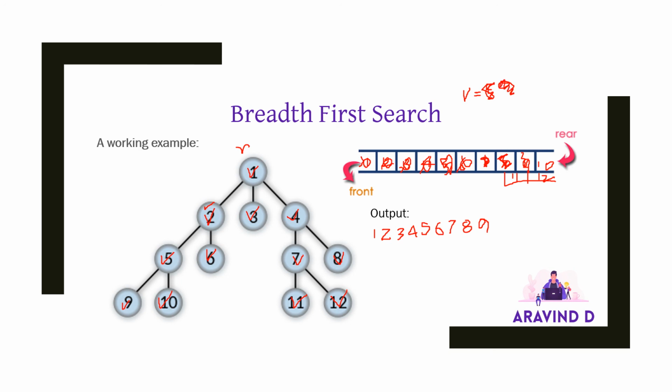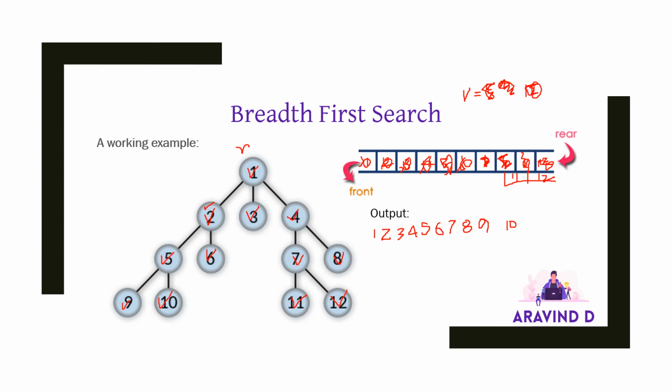The queue is not yet empty, so we are going to dequeue and store that number in v, and we are going to print it, and we are going to enqueue all its adjacent nodes to the queue. There are no adjacent nodes to 10, so we are going to check if our queue is empty.